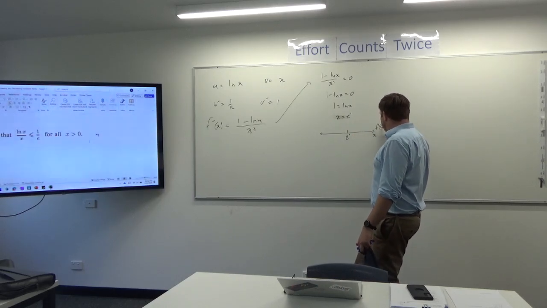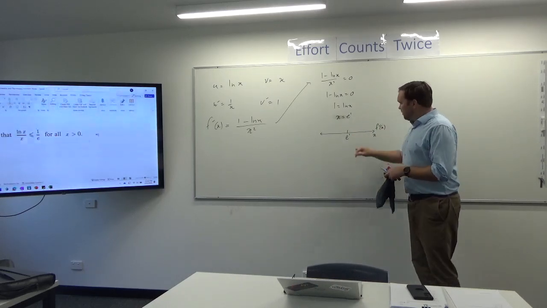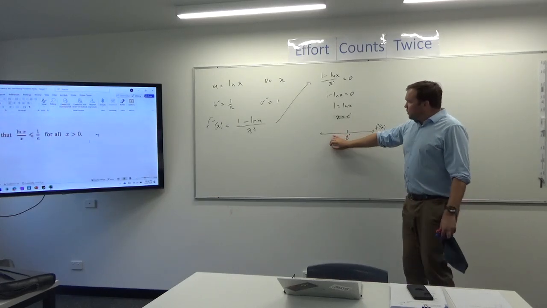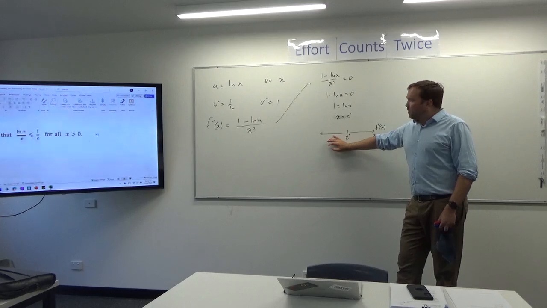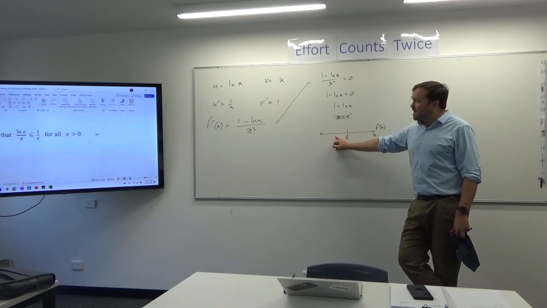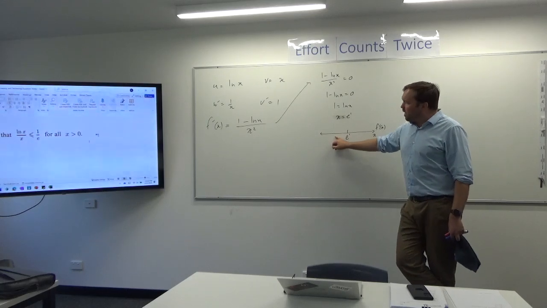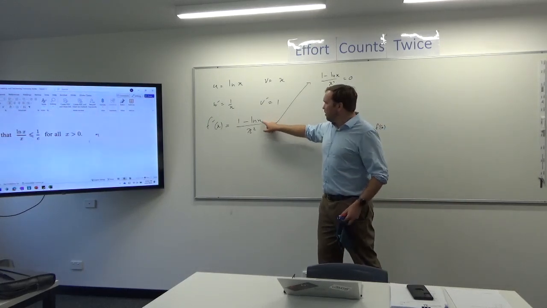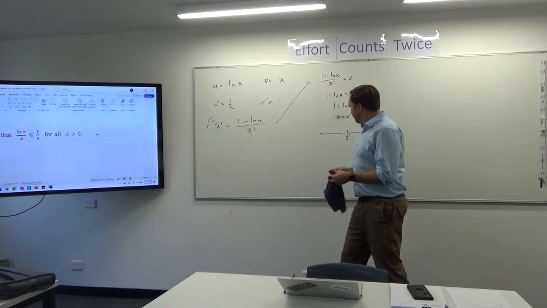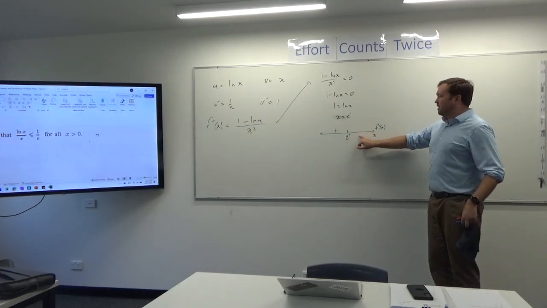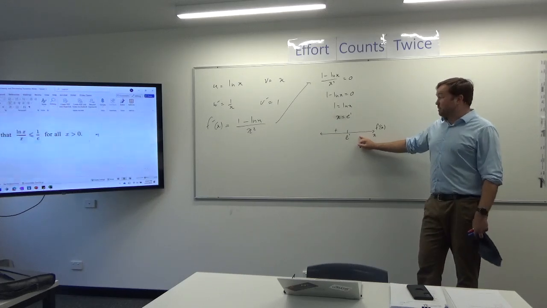X, f dash x. I would sub points in both sides. You can't sub in 0, but you can sub in the number 1. The number 1 is less than e. So if you subbed in the number 1, what's ln of 1? 0. 1 over 1 is positive. Then you can sub in the number 3.